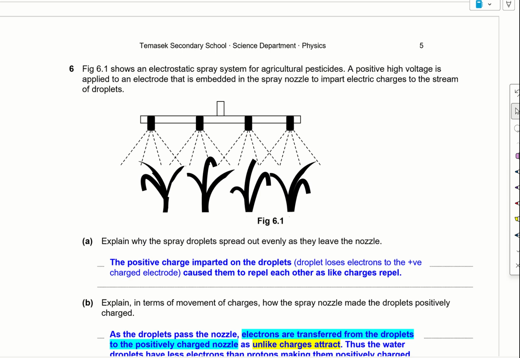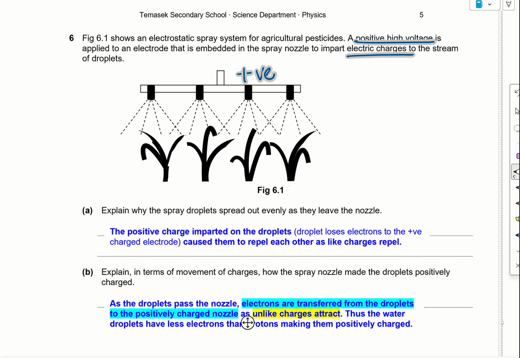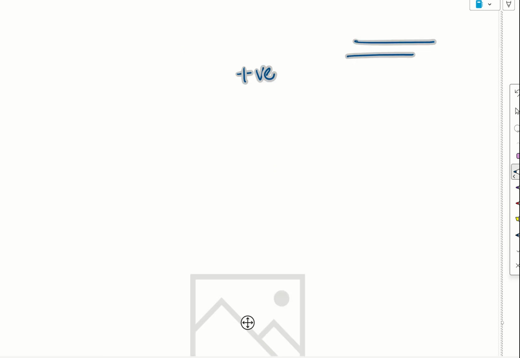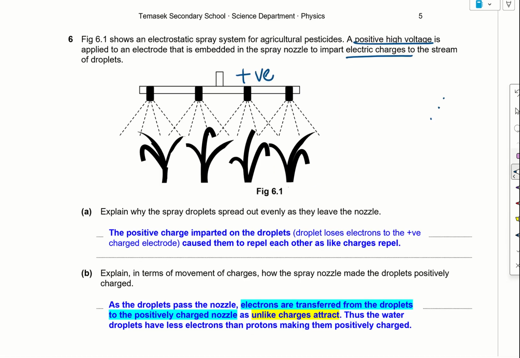Okay, question 6.1 shows an electrostatic spray system. A positive high voltage, so this is positively charged, is applied to an electrode that is embedded in the spray nozzle to impart electric charges to the stream of droplets. Explain why the droplets are spread out evenly as they leave the nozzle.